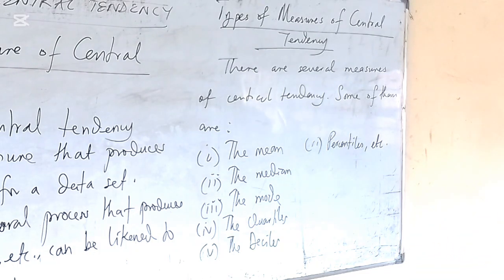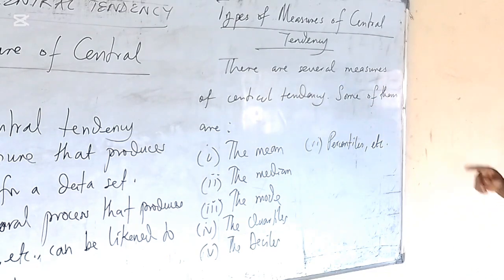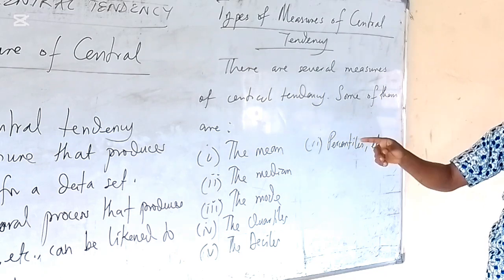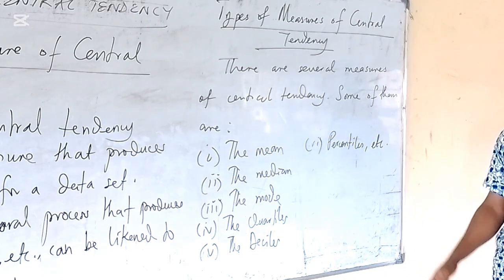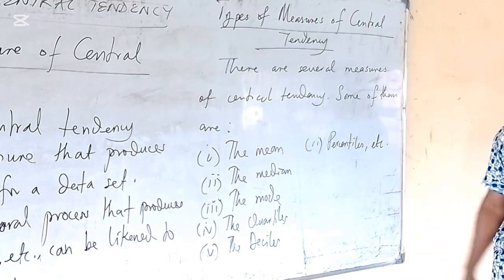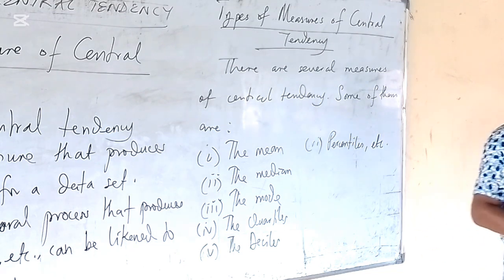Is it clear? Great. So there are several measures of central tendency. Some of them are the mean, the median, the mode, the quartiles, the deciles, the percentiles, and even more. So we are going to start our discussion under measures of central tendency.